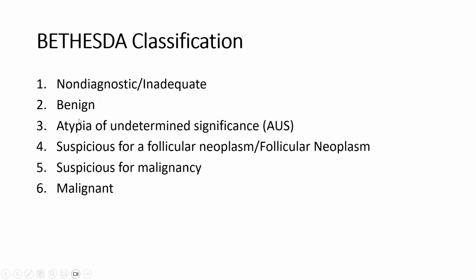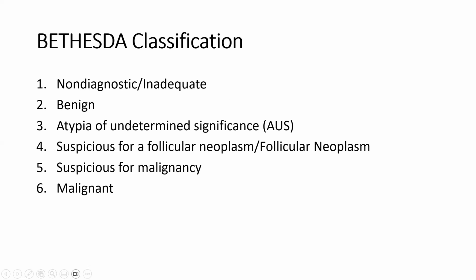The Bethesda classification has 6 components. One is inadequate specimen or non-diagnostic. 2 is benign. All the cells look completely benign. 3 is atypia of undetermined significance. There's some cellular atypia. 4 is either suspicious for follicular neoplasm or follicular neoplasm. 5 is suspicious for malignancy. 6 is malignancy.